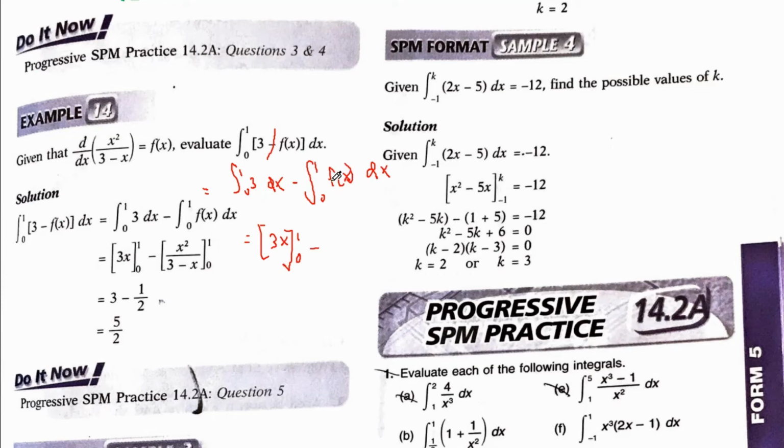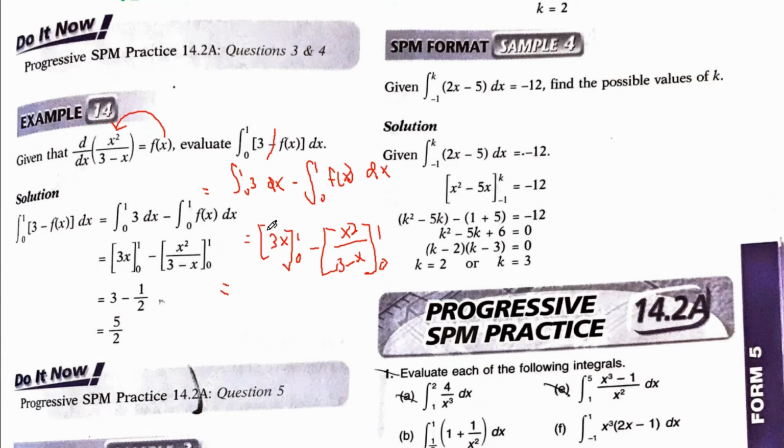Integration is the reverse of differentiation. So when we integrate f(x), we will get back this one. So you just copy down x squared over 3 minus x from 0 to 1. Substitute the upper limit first and then followed by the lower limit.